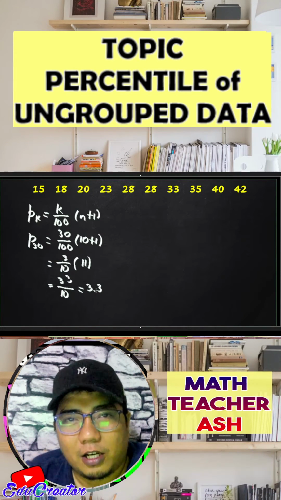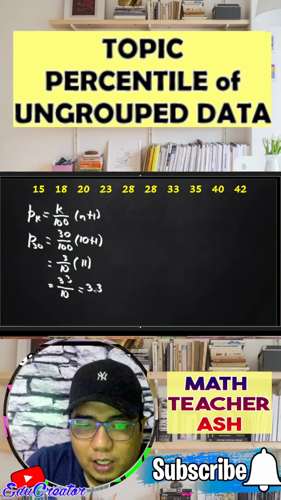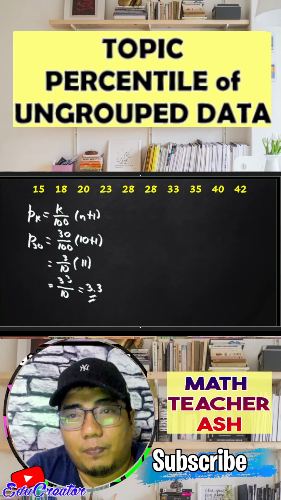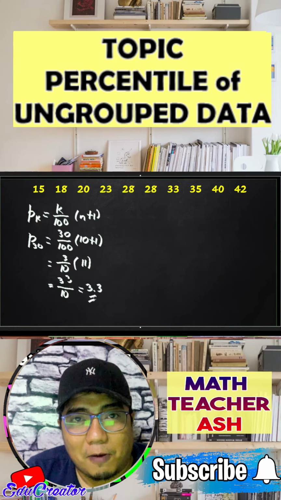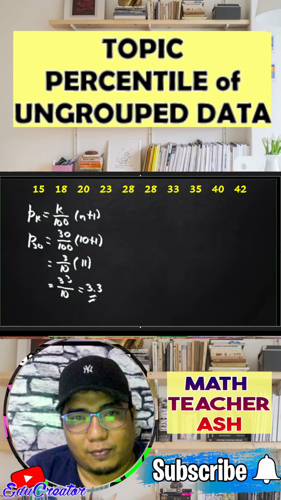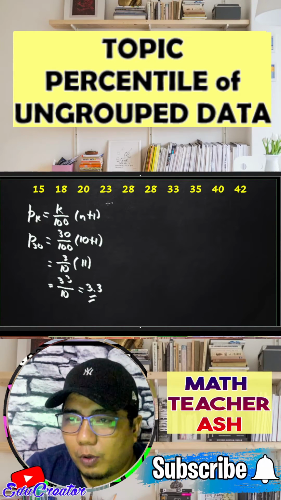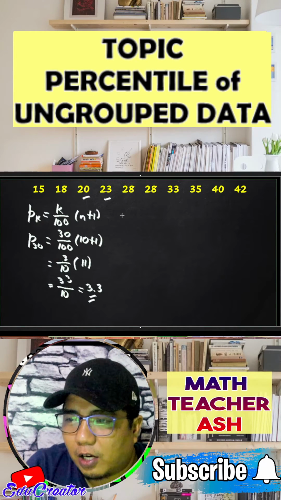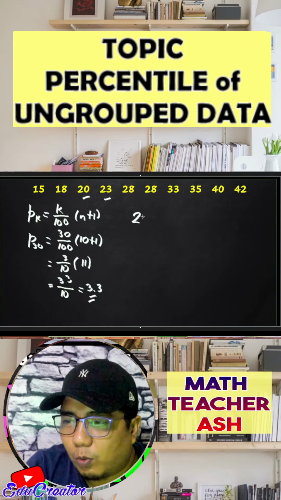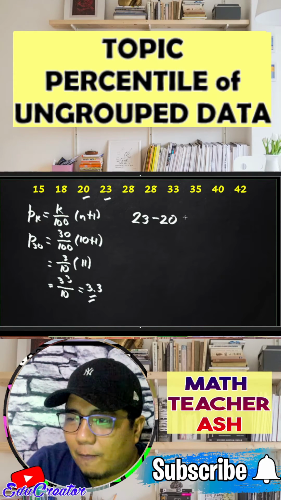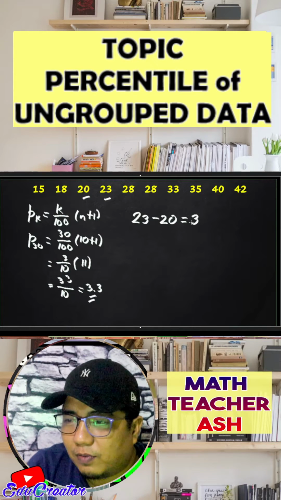Remember in linear interpolation that we consider this 3.3 as our position. Now, where can you find 3.3? Very good. That is between the third and the fourth. So in our data set, we consider the third and the fourth values. We subtract them from each other: 23 minus 20, giving us a value of 3.